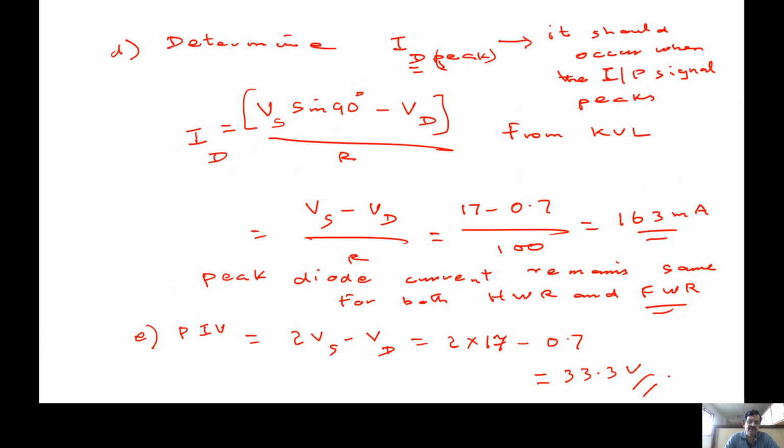You got to understand the maximum reverse bias voltage the diode can withstand before entering the breakdown. So you have to understand this number carefully. A very, very important number.